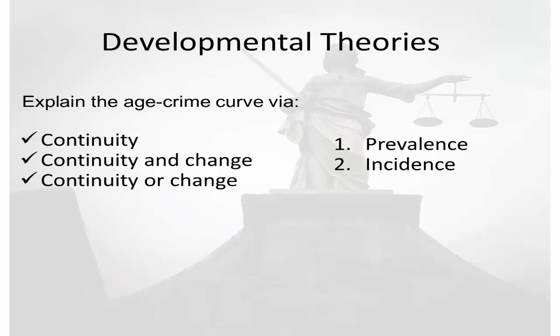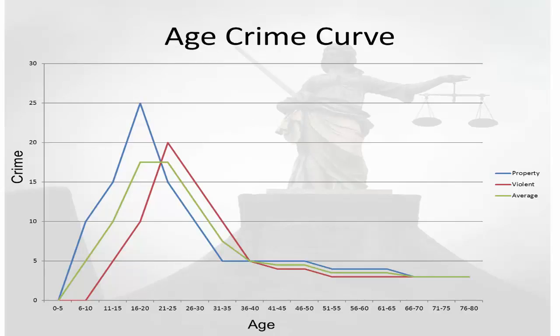Then you have those theories that are continuity and change. Continuity and change theorists argue that crime continues, but eventually everyone has the opportunity to change and desist. Some individuals, however, have reduced opportunities and rarely desist, but for the most part, every offender has a chance to desist from offending.